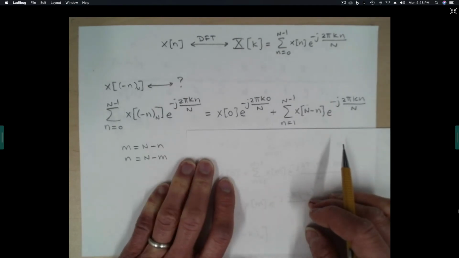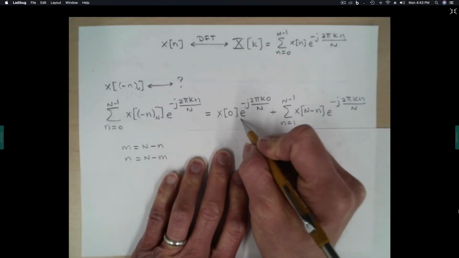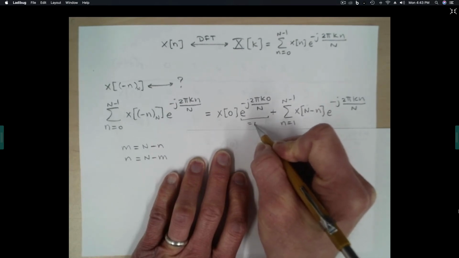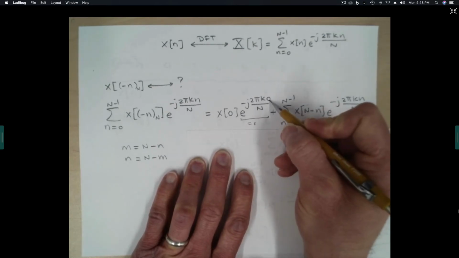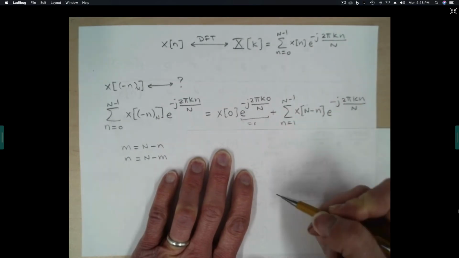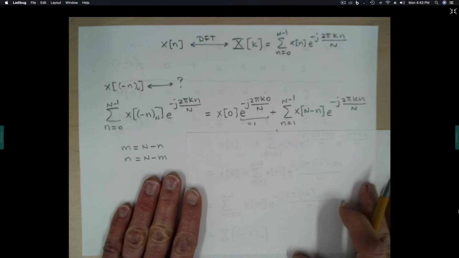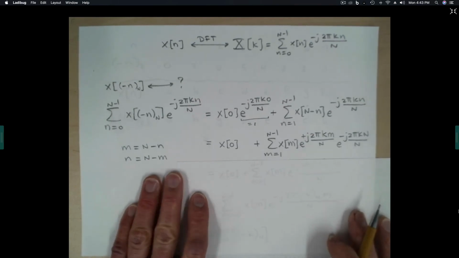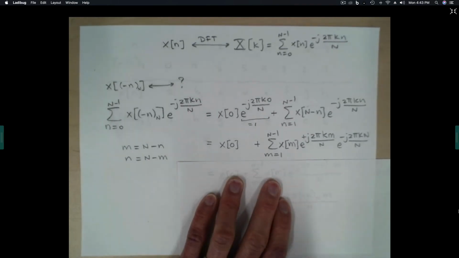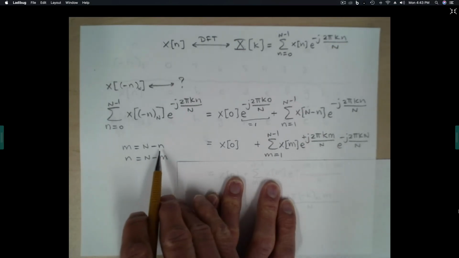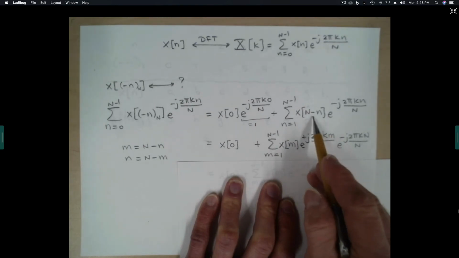Okay. Now we can look at a few of these terms. First of all, we take a look at this one and we realize, oh, that's just equal to 1. Why is that? Because we have 0 in the exponent, and any number to the 0 is going to be 1. And then we can do a change of variables on that next sum. So I'm using the change of variables here. Little m is equal to big N minus little n, so we can substitute that in here.